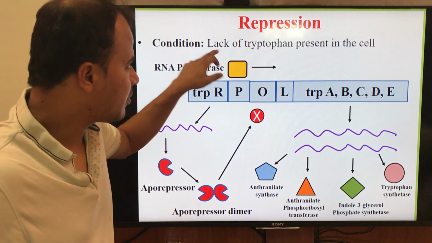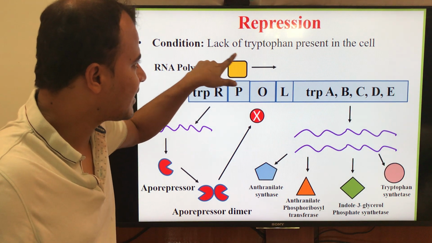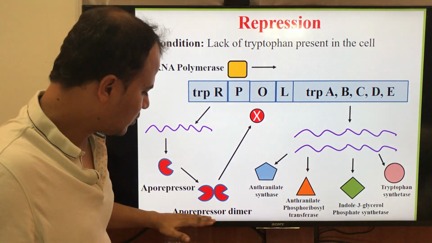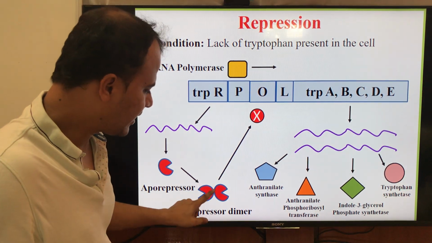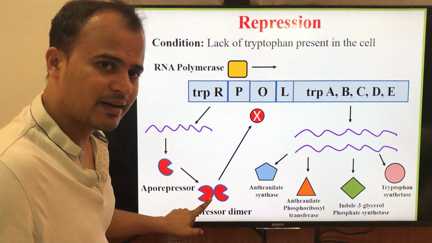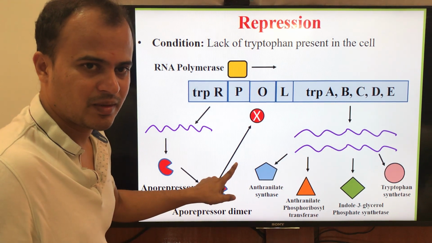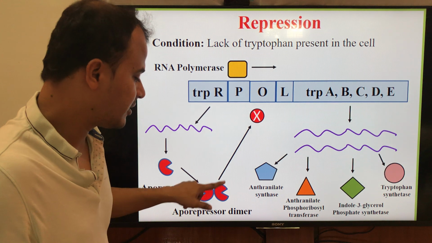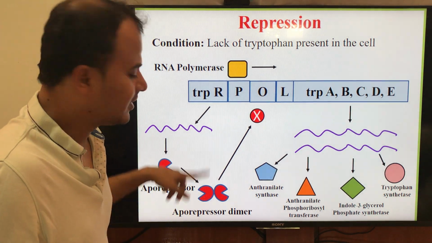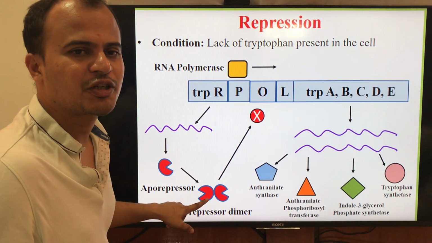We are discussing the condition where there is a lack of tryptophan. So when there is a lack of tryptophan in the cell, the dimer cannot interact with tryptophan. If there is no tryptophan present to interact with the aporepressor, then it resides in the inactive conformation itself.